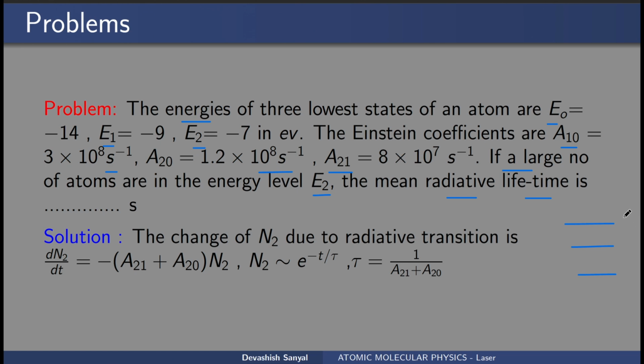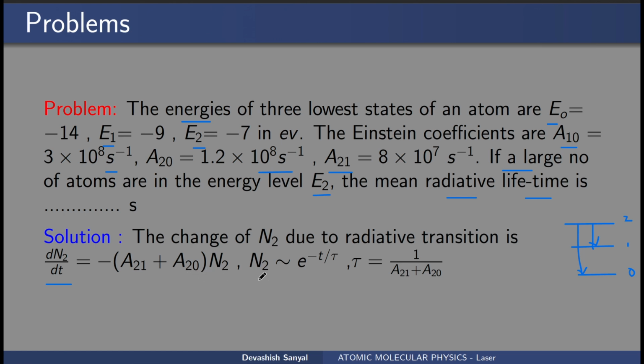So dN2 by dt is the spontaneous change from 2 to 1 and 2 to 0. So that is minus A21 N2 minus A20 N2.